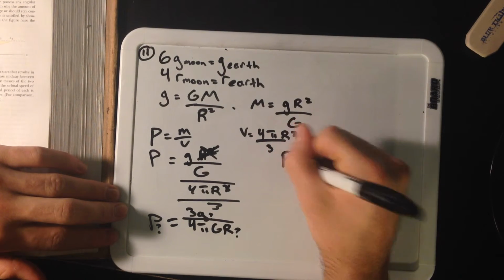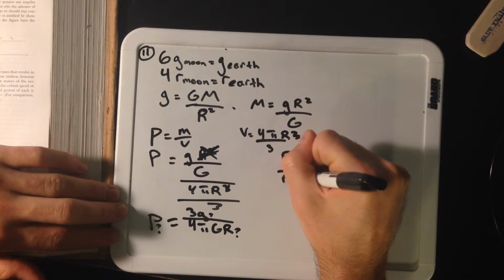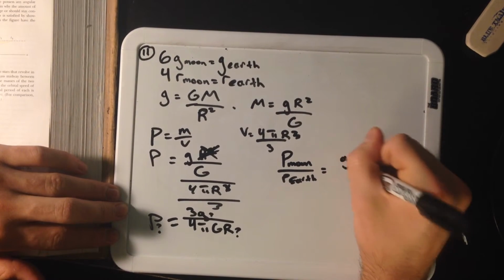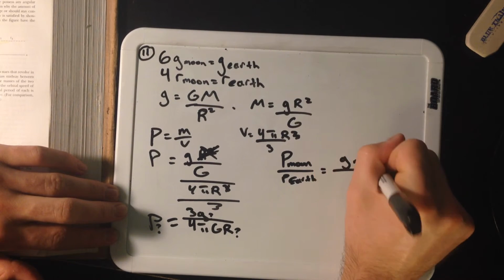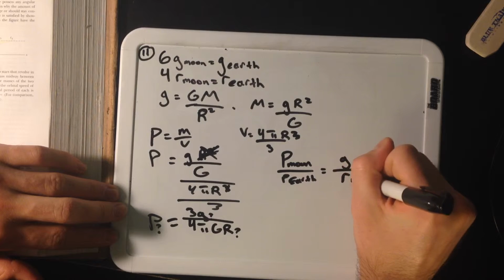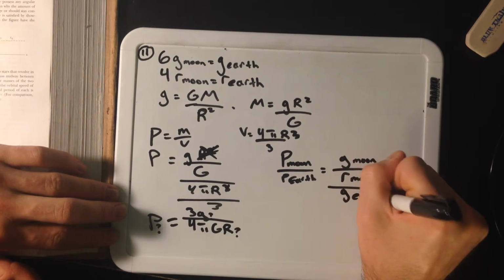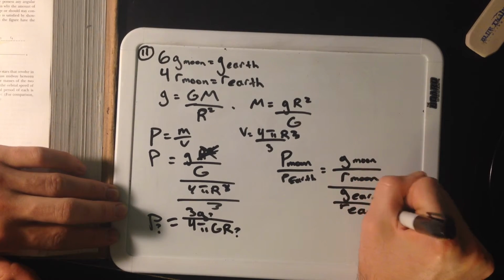We are left with rho moon over rho Earth equals g of the moon over R of the moon, all over g of the Earth over R of the Earth.